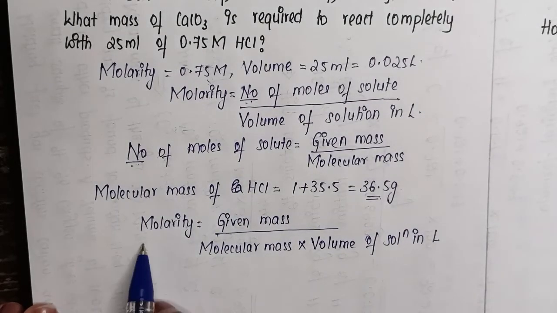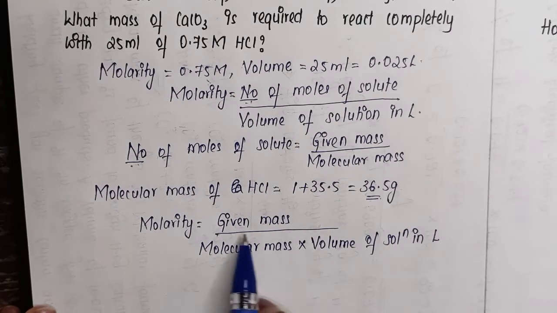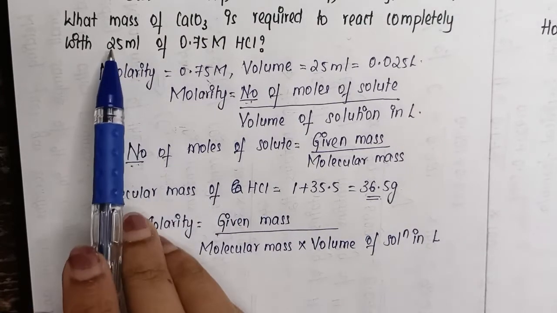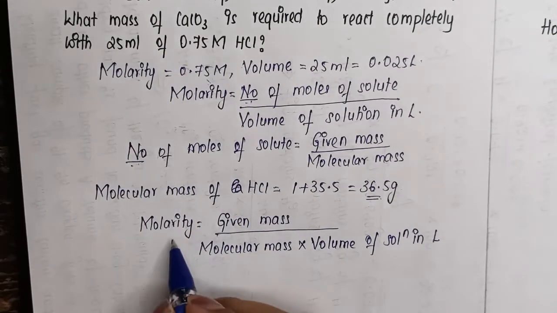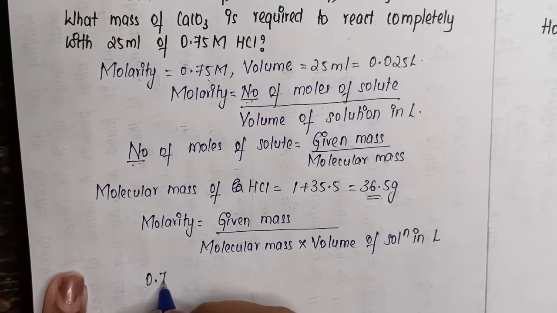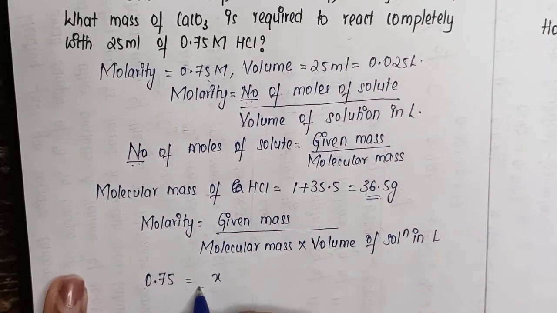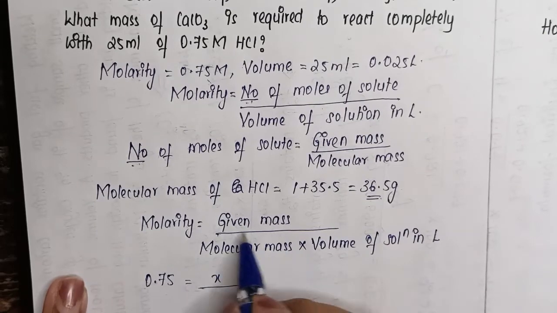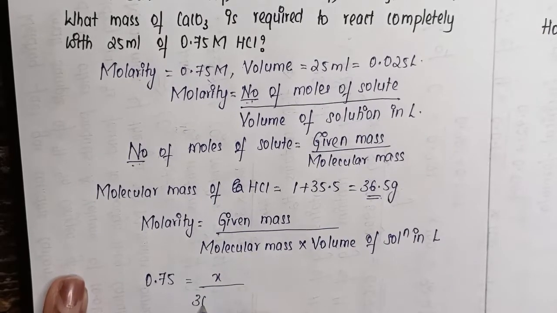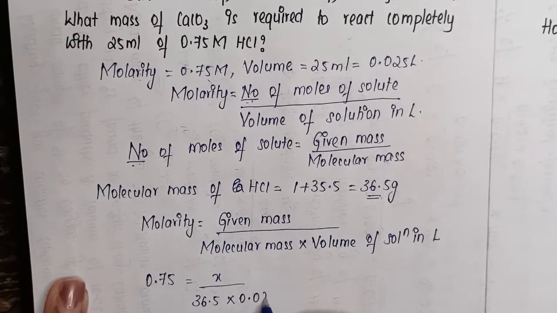So now we know the molarity, we know the molecular mass, we know the volume. We have to find the given mass, which is asked in the question. So let's write down the values. Molarity as per the question is 0.75, which is equal to given mass, taken as X, which we don't know, by molecular mass we just calculated, 36.5, into volume, which is given in the question, 0.025.